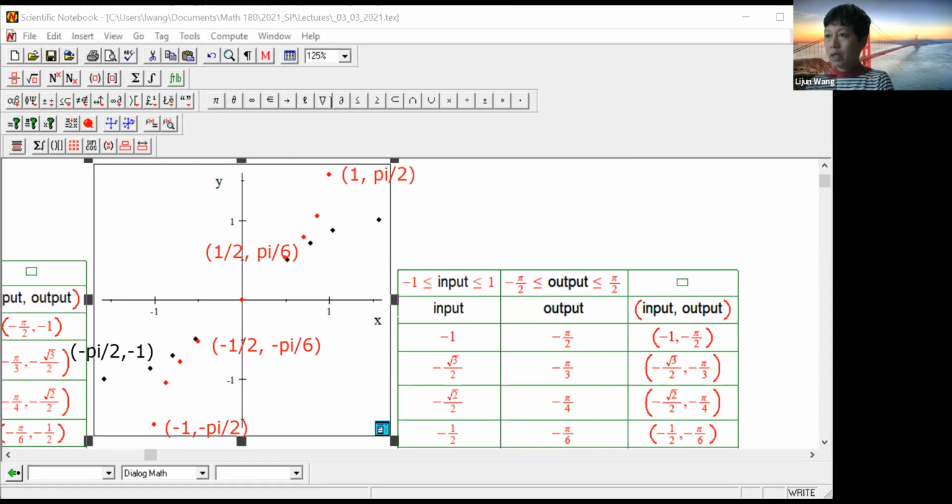Now, black. Okay, so this point is pi over 2, comma 1. And this black point over here is pi over 6, 1/2.